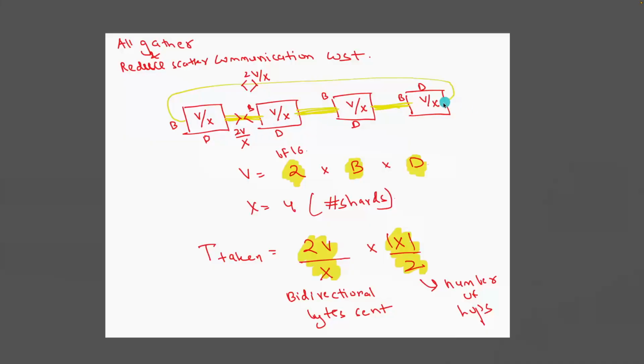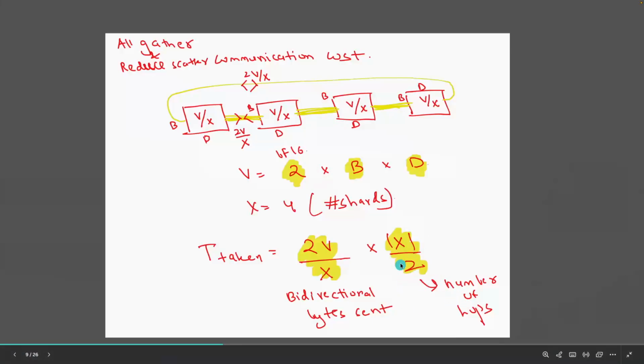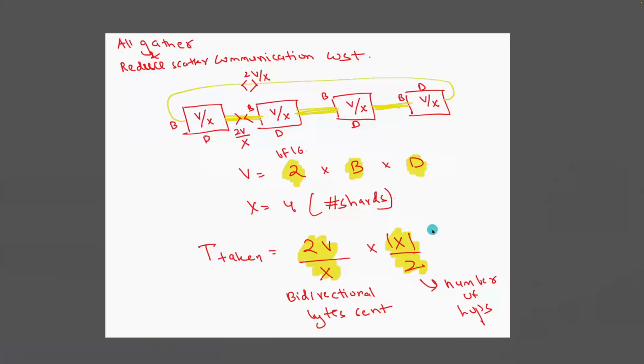So now this shard and this shard have the data from here. In the next cycle, one of them will send the data that they got from here to the third shard. So you can see for 4 devices, in 2 hops, you are able to sync the data across the cluster.